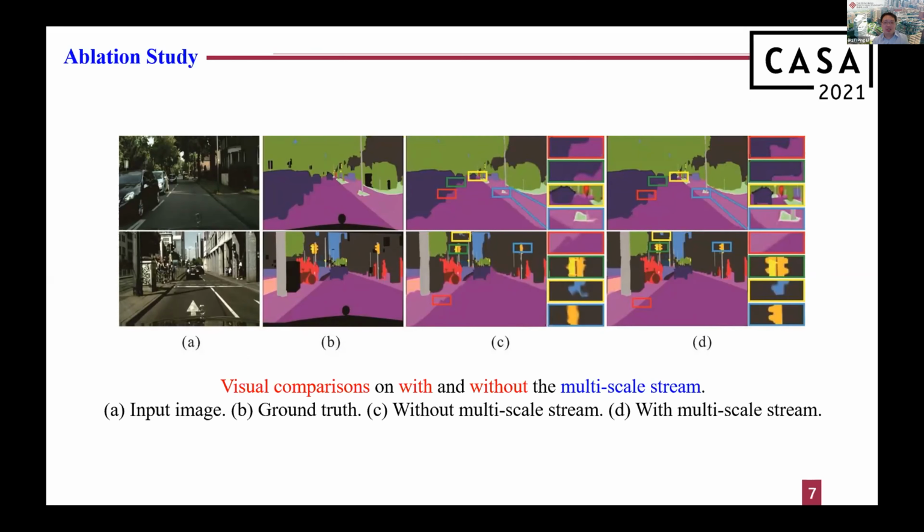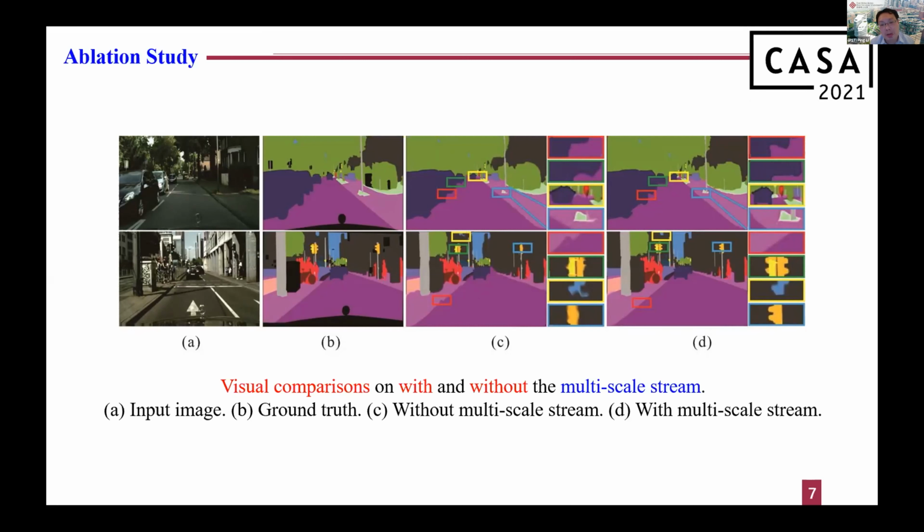Okay, so this is a visual comparison with and without multi-scale streams, which is our first module. The left side shows two cases of the input images. The second column shows the ground truth, which means the true semantic segmentation. C and D show the semantic segmentation without and with the multi-scale streams, or multi-scale module, of our method.